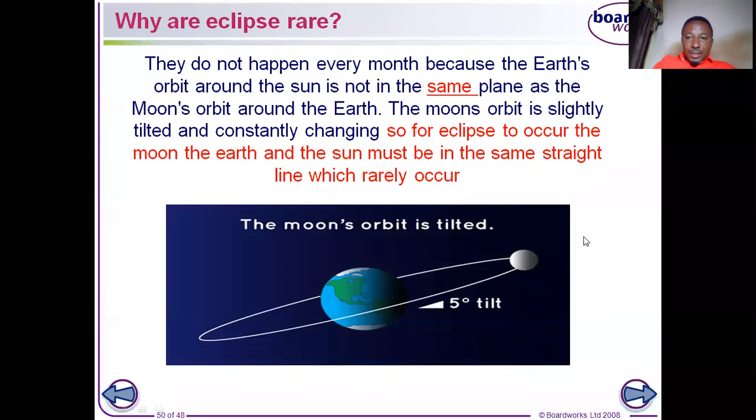So for this reason, it is hardly possible for the moon, the Earth and the sun to align in a straight line.